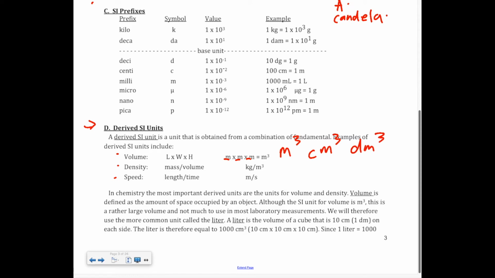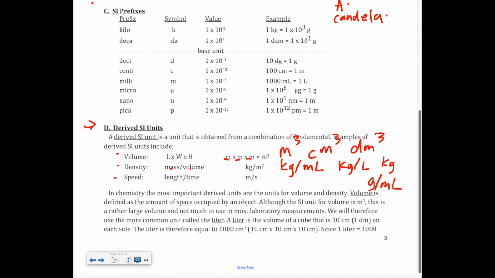For density, it is mass divided by volume. So then you get kilograms per milliliter, kilograms per liter, kilograms per meter cubed, or you can get lots of different variations, grams per milliliter, and so on.